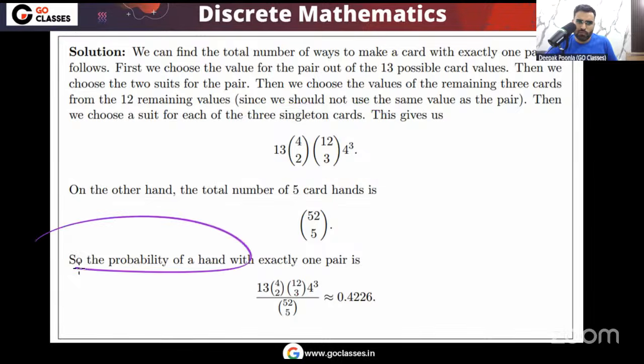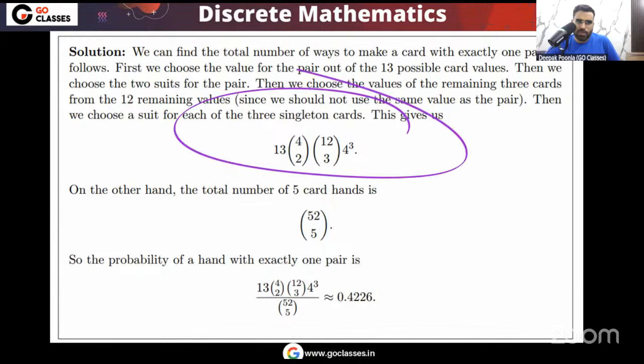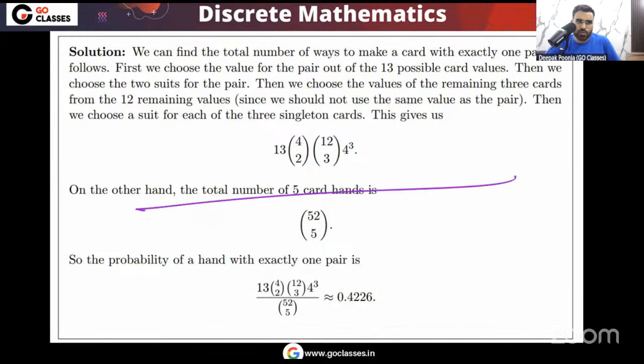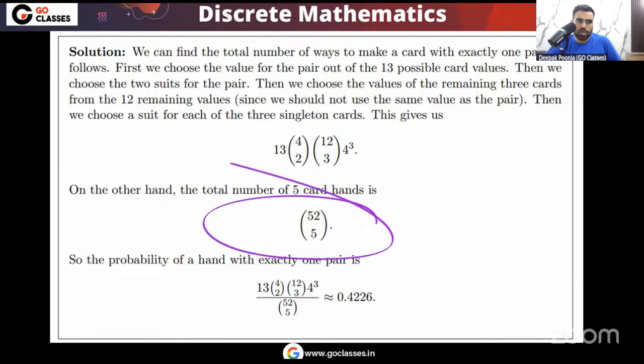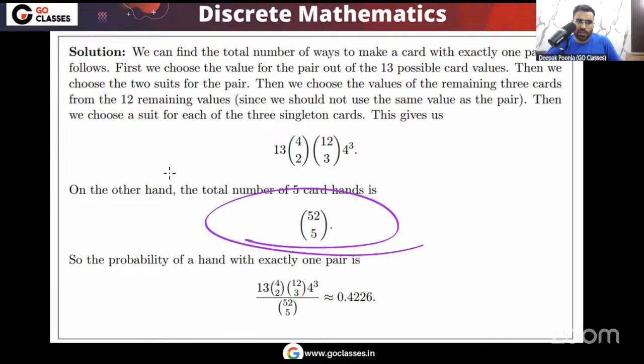And if you want, you can find the probability also. How to find the probability of one pair? The probability of getting one pair, that is the total number of one pair hands possible divided by the total number of five card hands possible. This is the total number of five card hands, 52C5, because there are total 52 cards. Out of them we can choose any five cards.